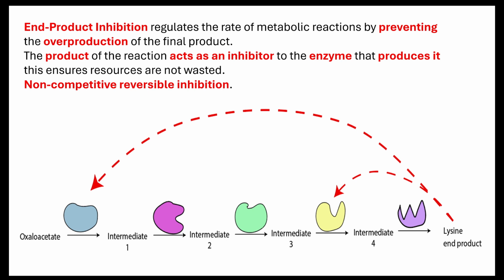So it is non-competitive because we're attaching to the allosteric site and changing the tertiary structure, therefore changing the active site shape, but it is reversible because it will be removed when the concentration gets to a level where the cell can manage it again.